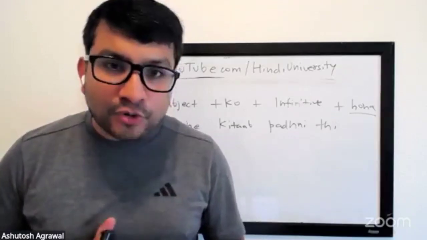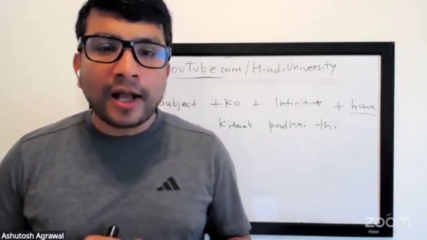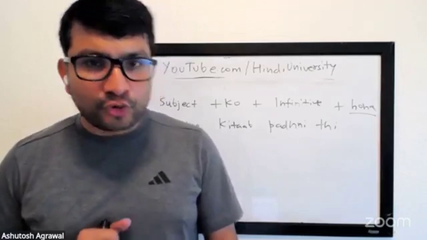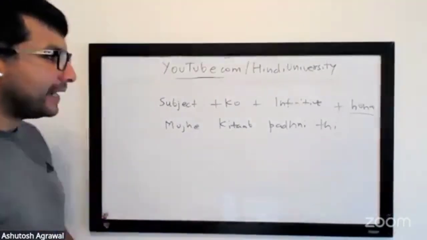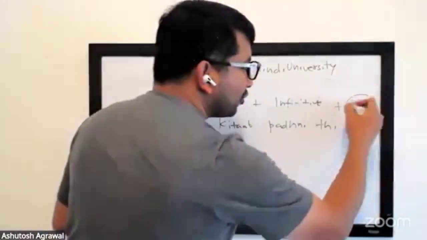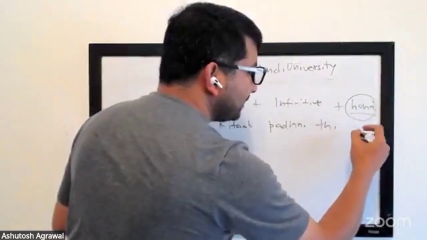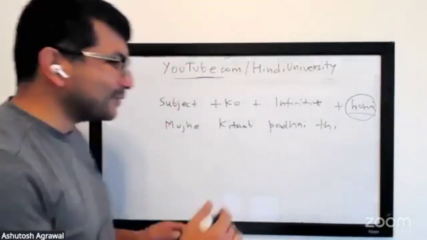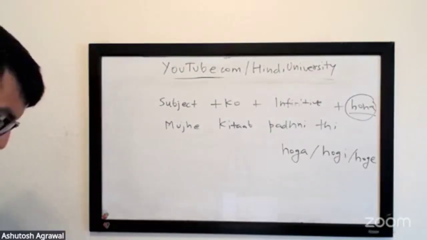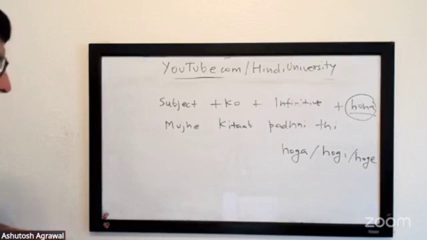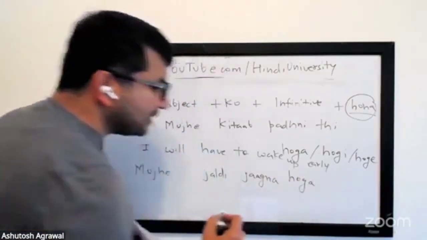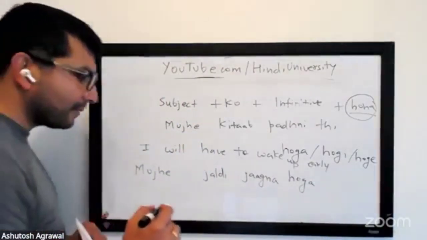Now we can do something that you will have to do, right? So for that, your form of होना will be yes होगा. I will have to wake up early, right? So मुझे जल्दी जागना होगा.